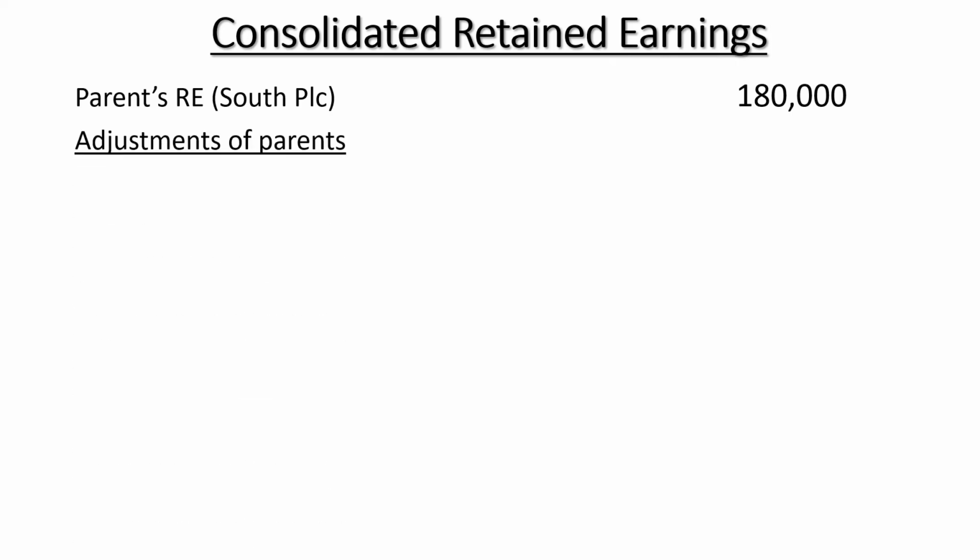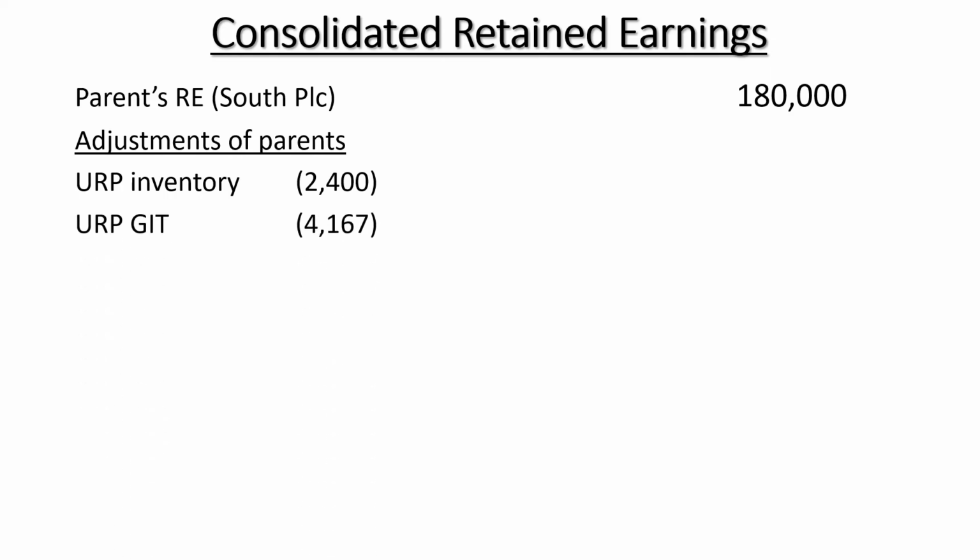Normally in the consolidation, we start with the parent's balance. So here, the parent's retained earnings is 180,000. For that balance, we have to do the adjustments relating to the parent. So here we have unrealized profit of inventory, where the parent sold goods to the subsidiary. The value is 2,400. We have to remove that from the retained earnings of the parent.